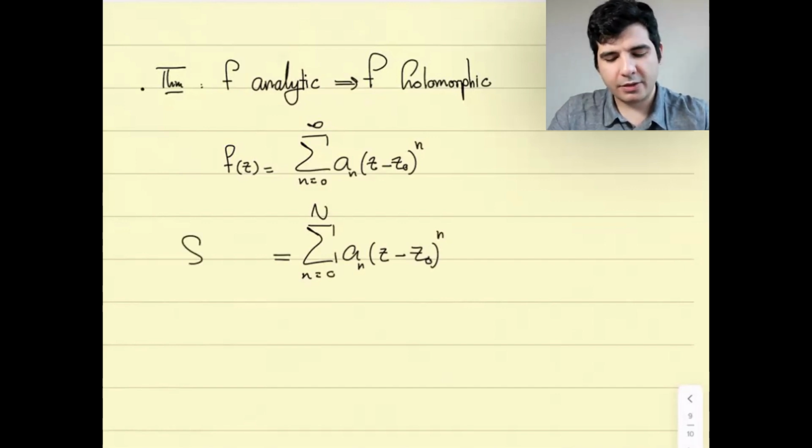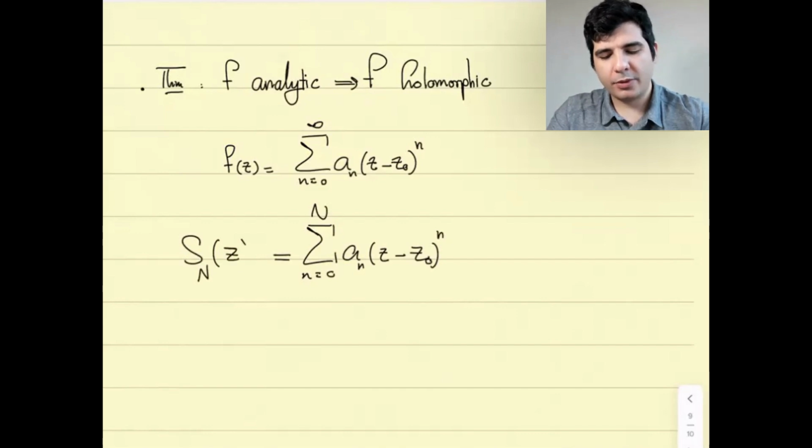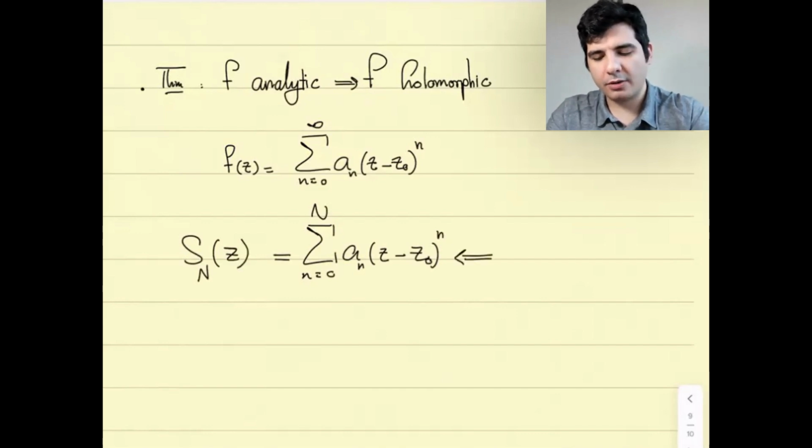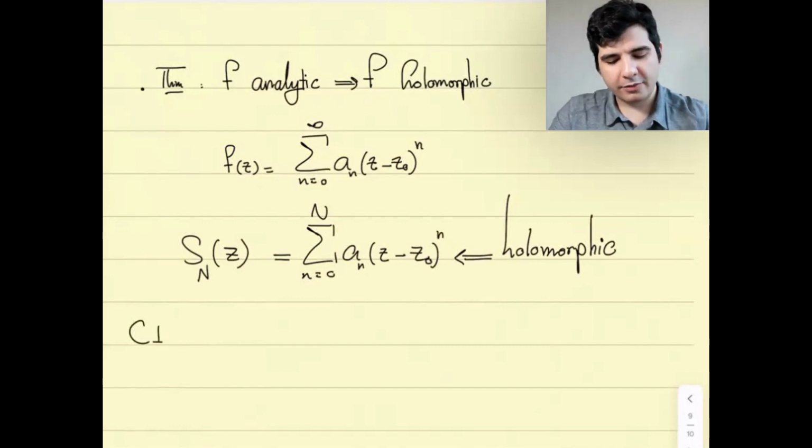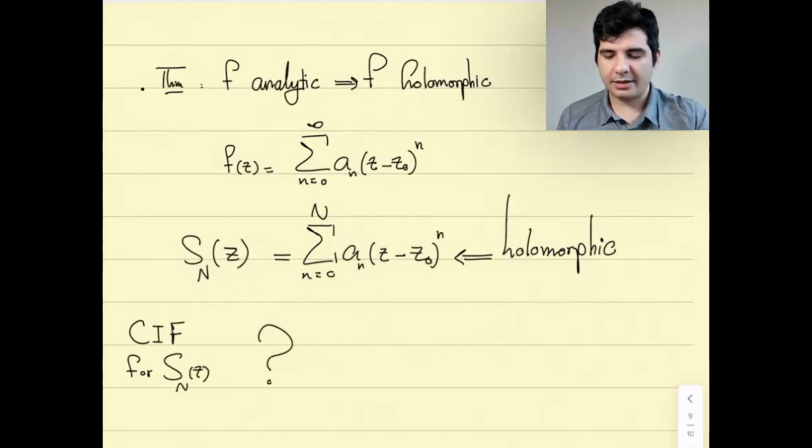But the point is that if we denote this function by S_n of z, these functions are holomorphic because they are polynomials, and polynomials are holomorphic, right? So let's write Cauchy's integral formula for S_n. We can write it for any function, right?